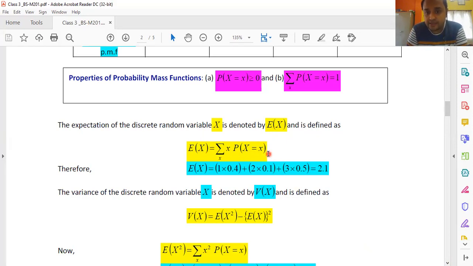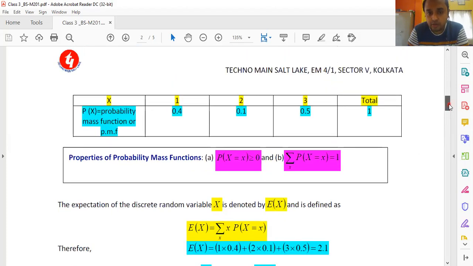So look at this definition carefully. x here is the value which is present in the probability chart. P of X equal to small x is the probability of that particular value. Now I have this chart with me. This is the value x equal to 1, so I shall multiply the value by its corresponding probability 0.4.